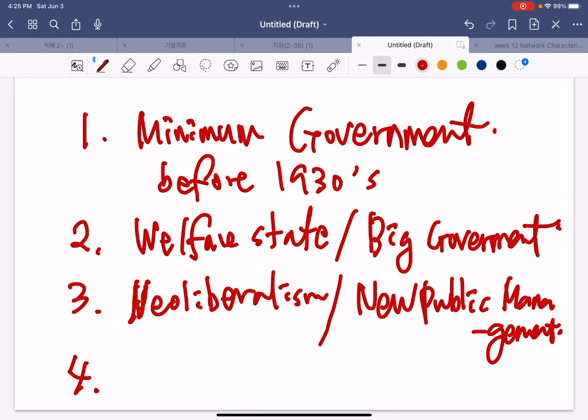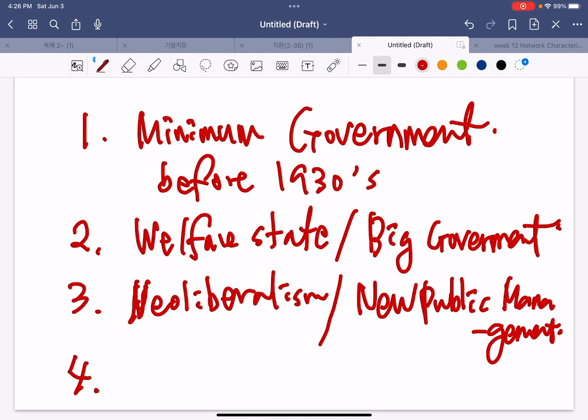Most scholars are very skeptical about the performance of new public management, market-oriented reforms, because it was not harmonious with the public, the government, right? To emphasize performance, what is the performance of government? It's very difficult to measure public performance, as we learned. Therefore, performance-oriented, result-oriented reform was not successful.